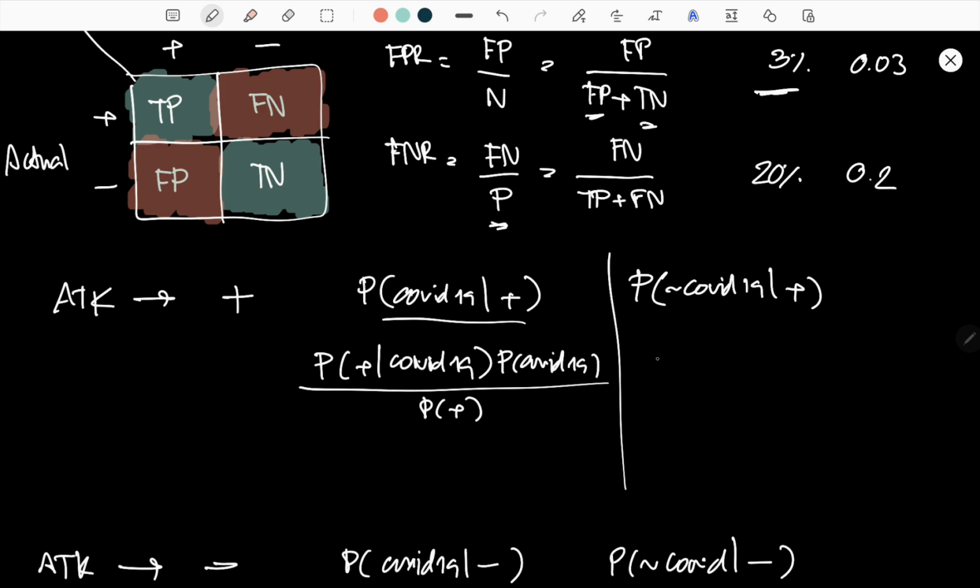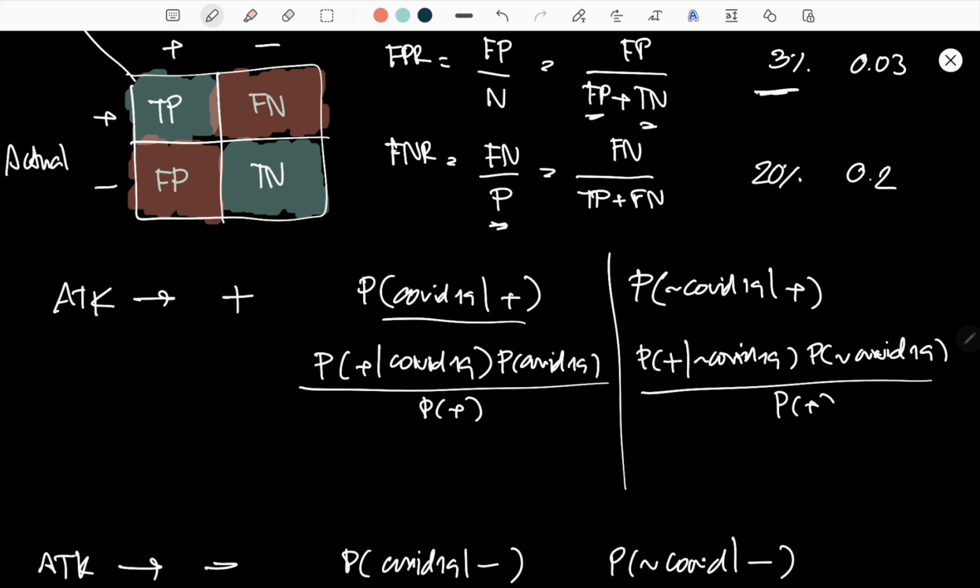And for this part, it is the probability of positive given not COVID-19 times the probability of not COVID-19, divided by the probability of positive.